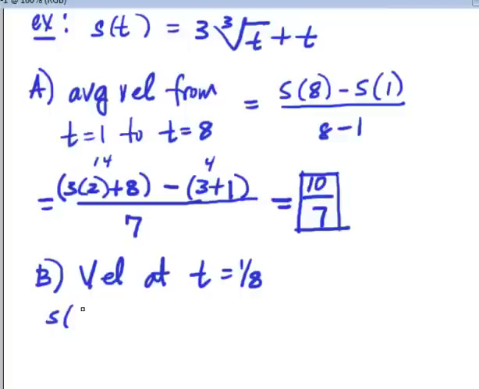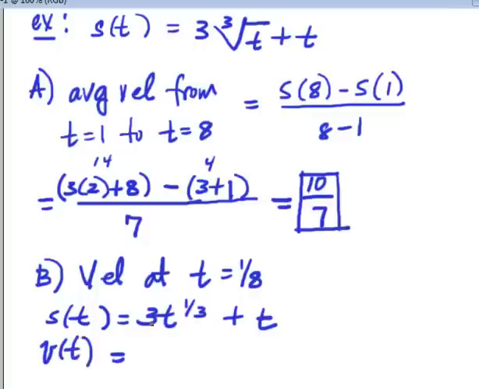So let's write s of t is equal to 3t to the 1/3 plus t. So we're writing it in power form so we can use the power rule. So then v of t is the derivative. That's 3 times 1/3 is 1. Okay, so we have 1 times t to the 1/3 minus 1. 1/3 minus 3/3, that's minus 2/3. Plus the derivative of t, which is 1.